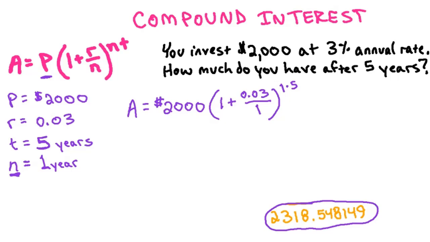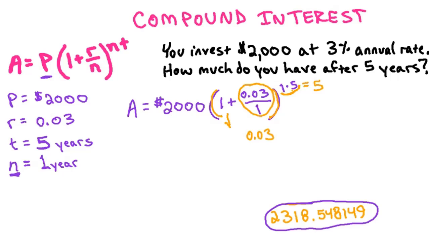So first we need to multiply this 1 times 5 up here in the power number, the exponent, and that's going to give us just plain old 5, because 1 times 5 is 5. And then we need to work what's inside the parentheses here. So first we need to do this division problem, 0.03 divided by 1. So 0.03 divided by 1 is 0.03.